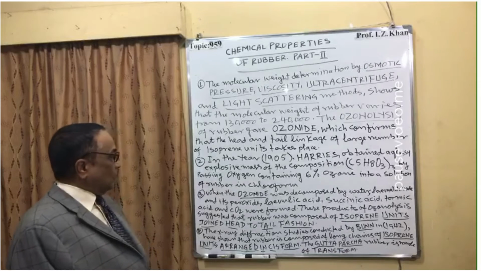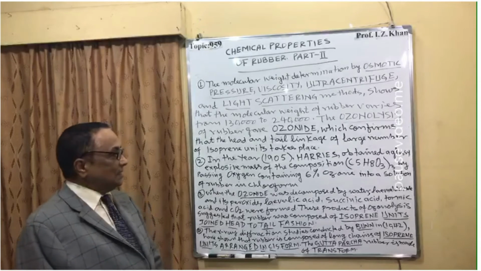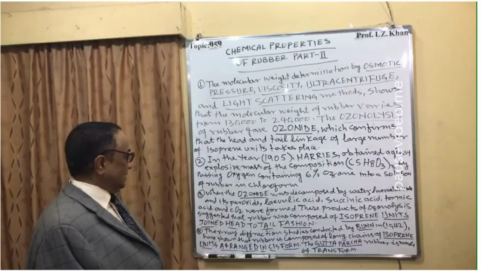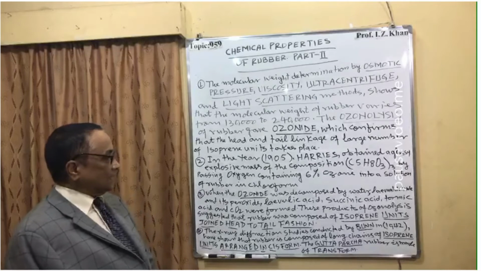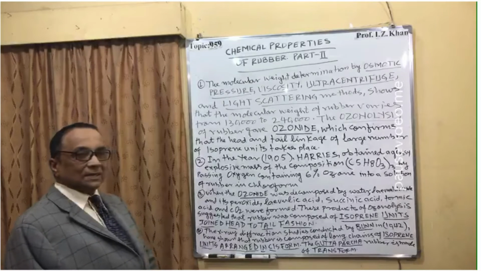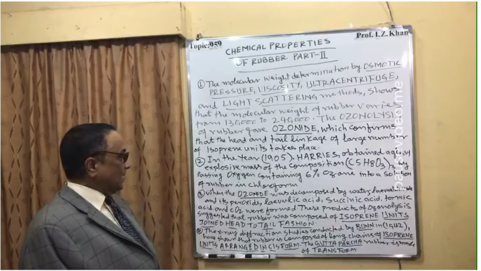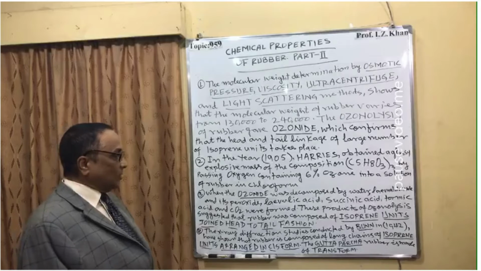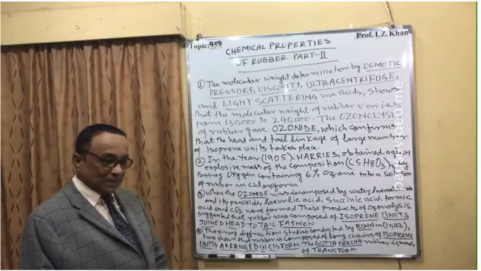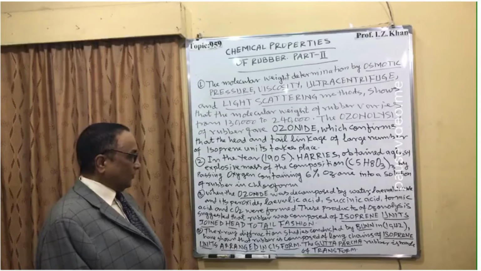Number 3, when the ozonide was decomposed by water, levulinaldehyde and its peroxide, levulinic acid, succinic acid, formic acid and carbon dioxide were formed. These products of ozonolysis suggested that rubber was composed of isoprene units joined in head to tail fashion.